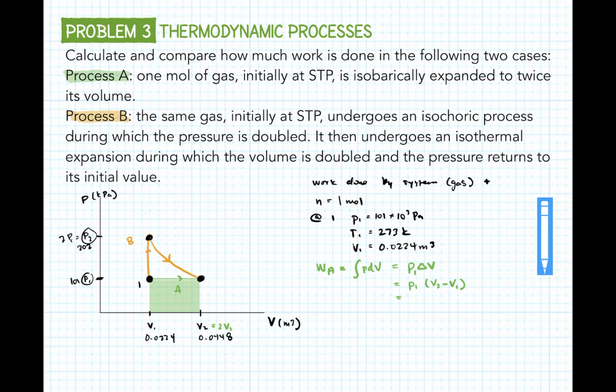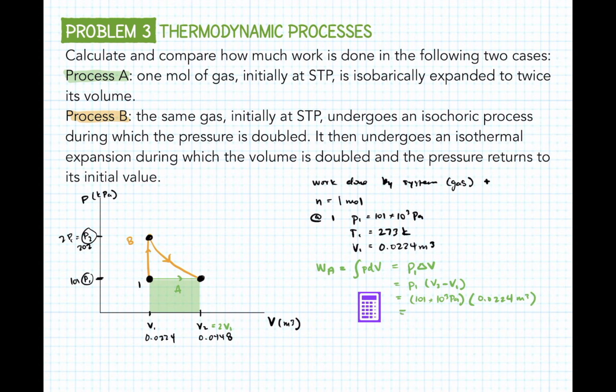So that gives us a pressure of 101 times 10 to the third pascals. Our volume is basically 0.0224 meters cubed.